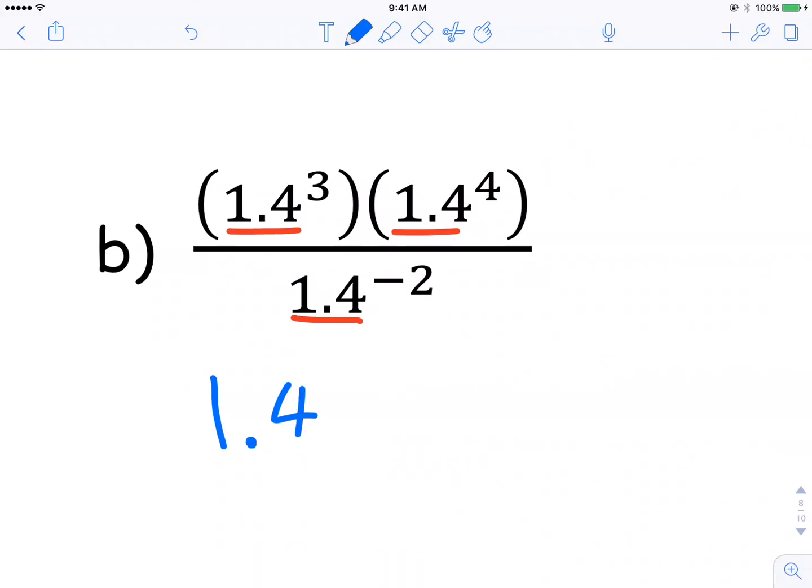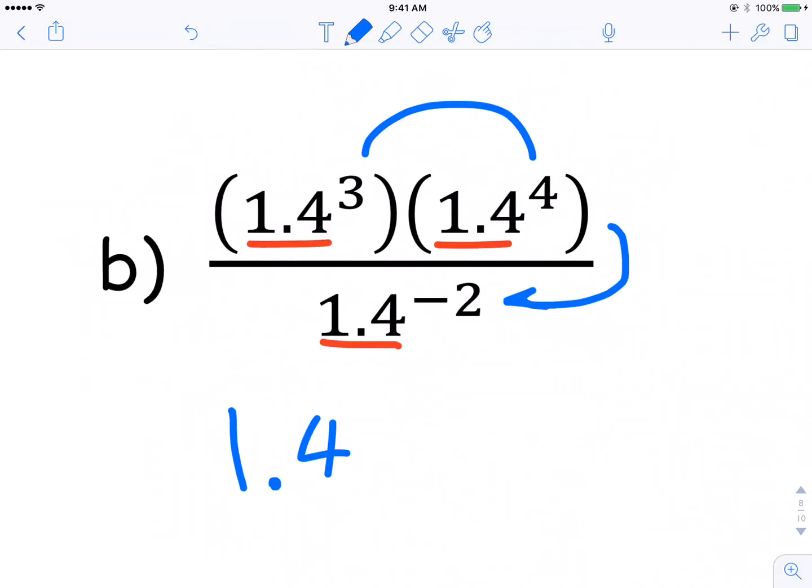And then I look at the exponents. Well, here at the top, I'm multiplying same base, so I'm going to add those exponents together. And then if I'm dividing by the same base, I'm going to subtract that. So really this is going to be 1.4 to the power of 3 plus 4 minus a negative 2.